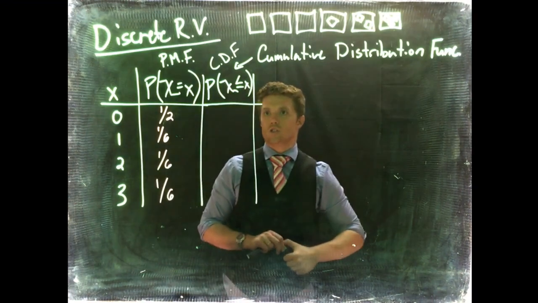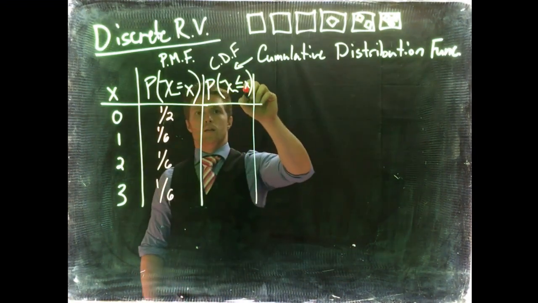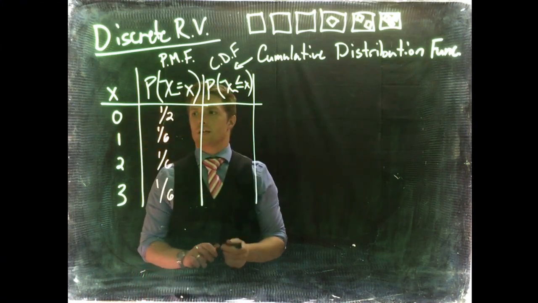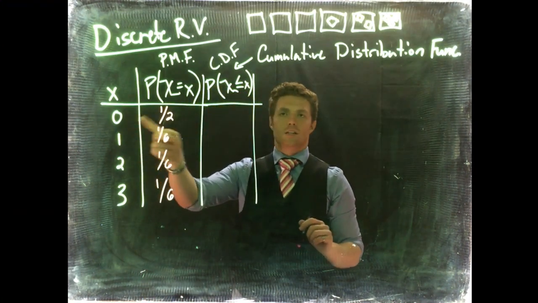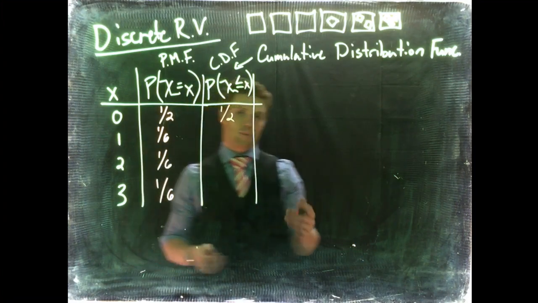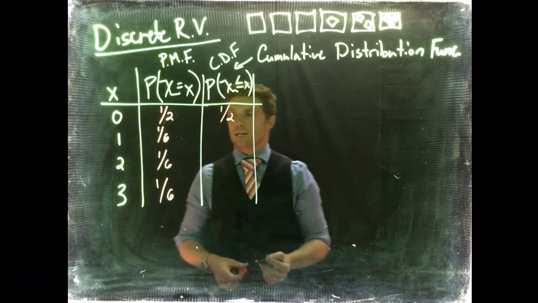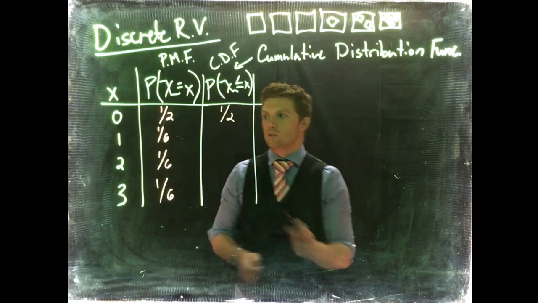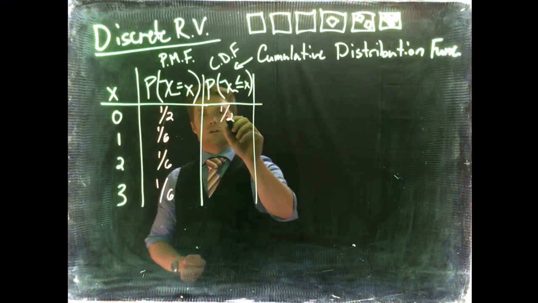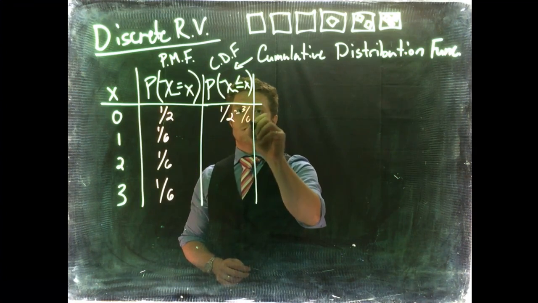So since we're dealing with a discrete random variable, we must know that we can be less than or equal to any specific value. So the probability of being less than or equal to 0 is just 1/2. We can't have a negative value on this dice, but we could get a 0. Okay, so less than or equal to 1 is going to be, well, if we convert 1/2, that's also equal to 3/6.